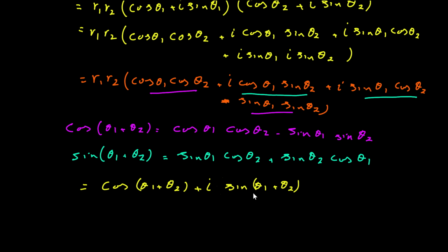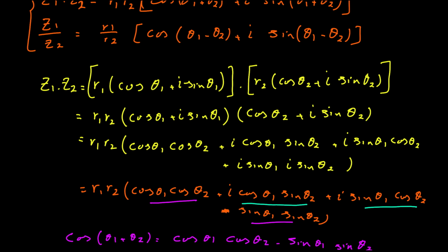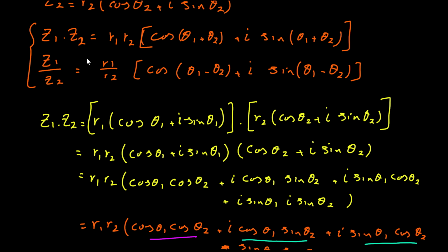That's basically what we had as the multiplication equation of the polar form: r1, r2, cosines, the thetas added.